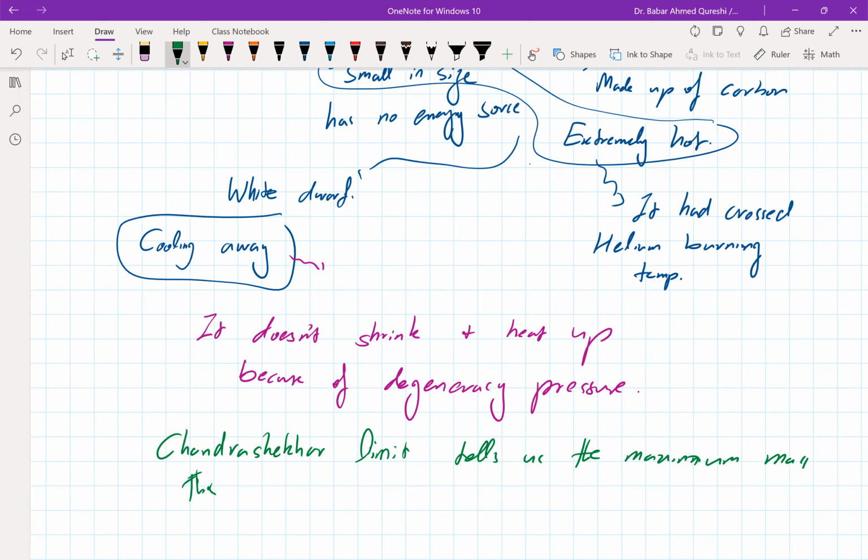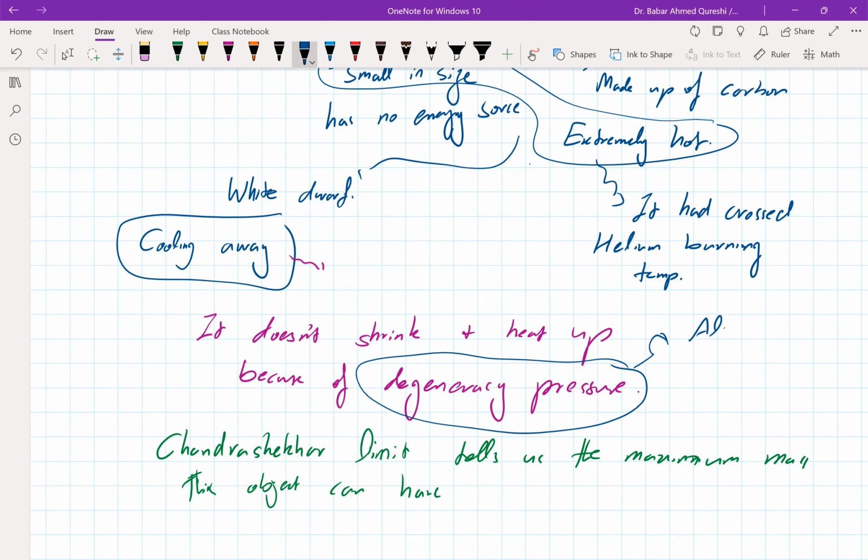This degeneracy pressure also explained why we need a certain minimum mass to make stars.